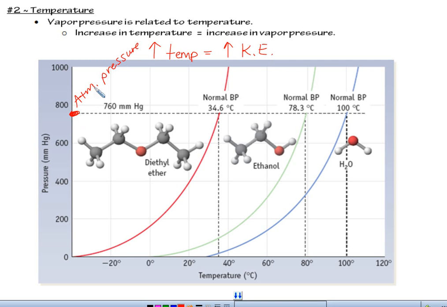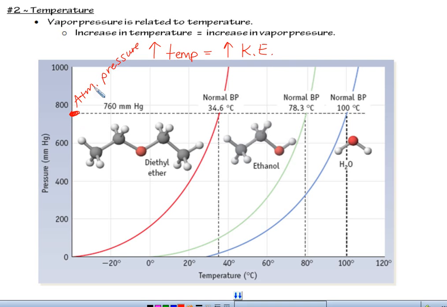Well, look at this. I can reach 760 millimeters of mercury with the diethyl ether at a pretty low temperature, maybe a little bit less than 40 degrees. But I won't reach that same pressure with the water until I'm at like 100 degrees.